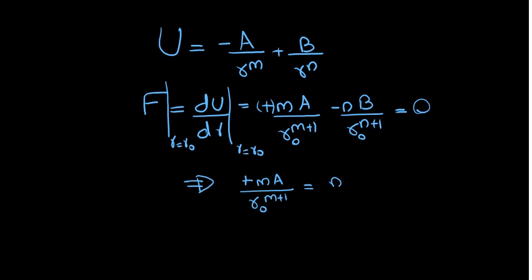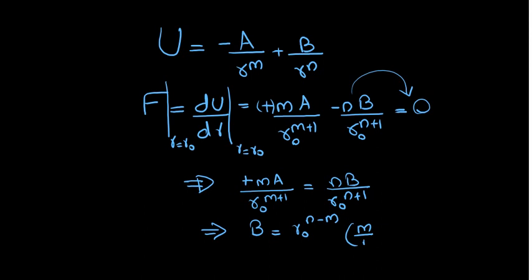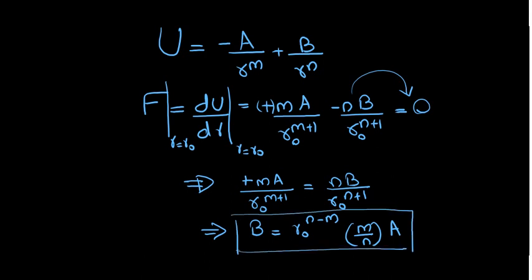If I bring this term to the right hand side, this becomes n b by r0 power n plus 1. So if I solve it, I get b is equal to r0 power n minus m into m by n multiplied by a. So this is what b is, and I have written b in terms of a.